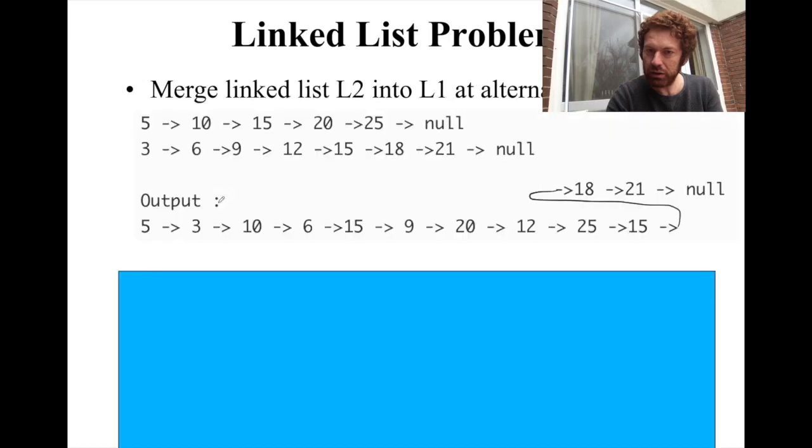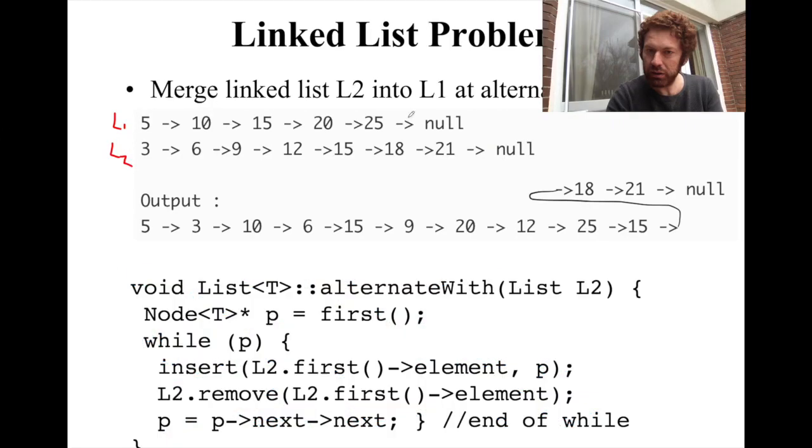I will show you more examples, like merging two linked lists. So this is, I think, L1, and obviously this is L2, at alternate positions. Meaning what? 5 from here, 3 from here, 10, 6. So I am kind of zigzagging. I will call this the alternate-with function.